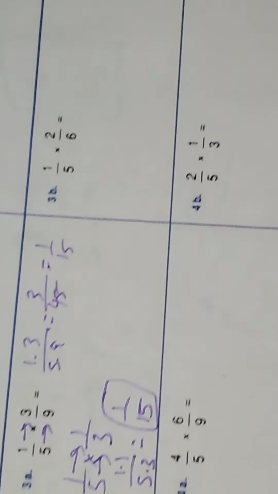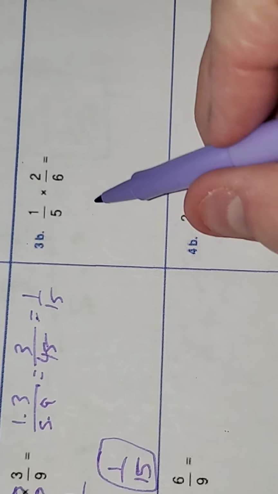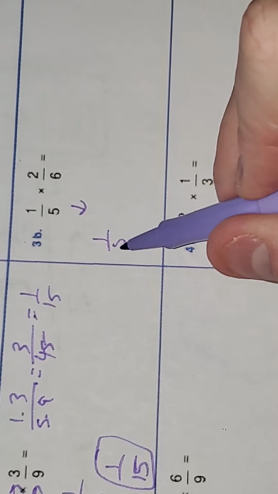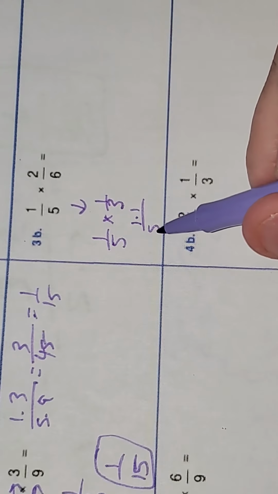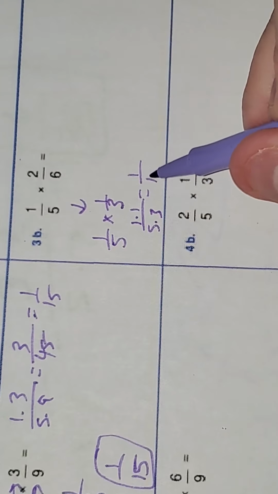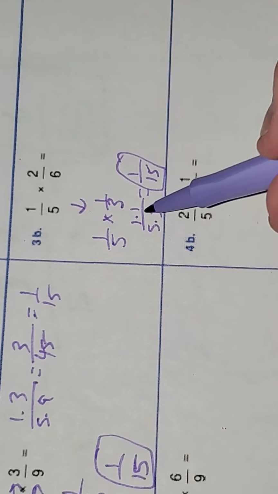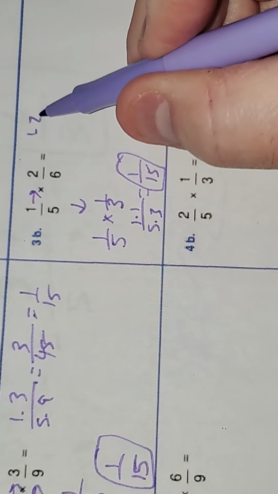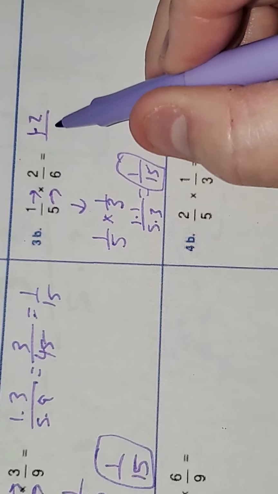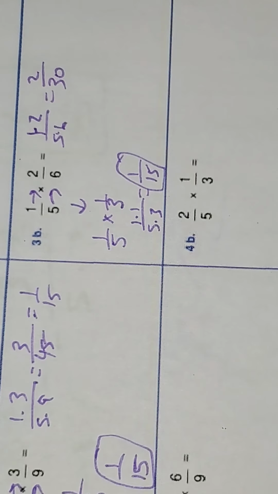Over here, we are going to have 2 over 6, which again reduces to 1/5 times 1/3, which would be 1 times 1 over 5 times 3 for 1 over 15. Look, same result as over here, just completely different numbers. Otherwise, 1 times 2 over 5 times 6 is 2 over 30.